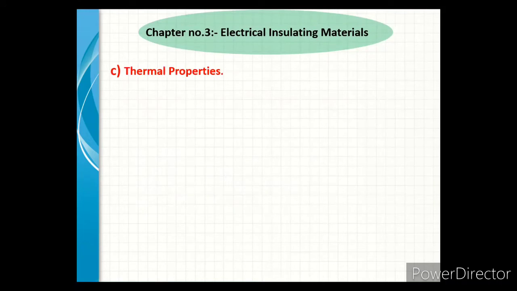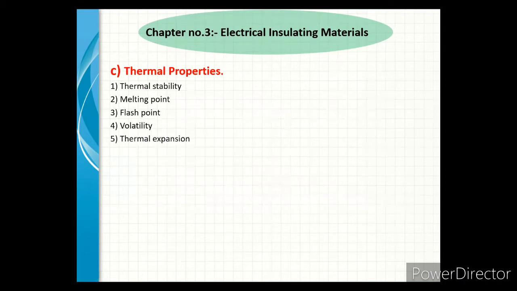Next property is the thermal property of insulating material, which includes thermal stability, melting point, flash point, volatility, thermal expansion and heat resistance.